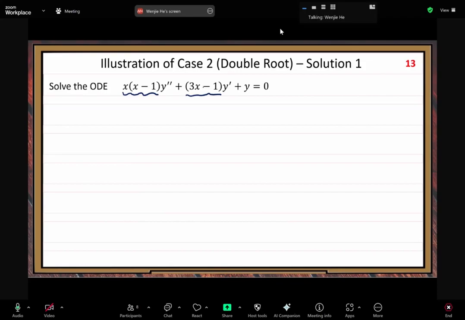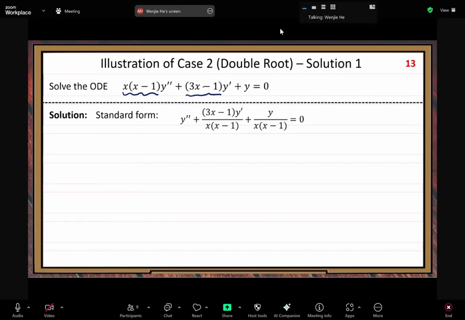So first we need to go to that standard form. So what's that standard form? Divide by the coefficient of y double prime, so you make the coefficient of y double prime 1. That's the standard form. Let me show the format of the standard form. This is the format of the standard form.